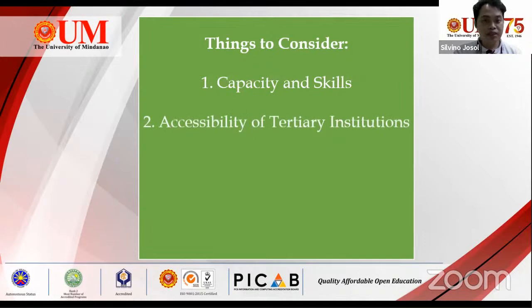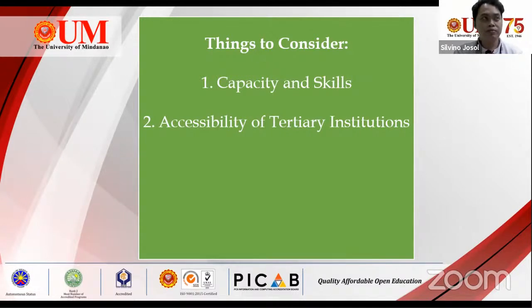Next is accessibility of tertiary institutions. Meaning, as much as possible, we also have to orient them about the courses offered by other schools, by tertiary schools, by universities and colleges.